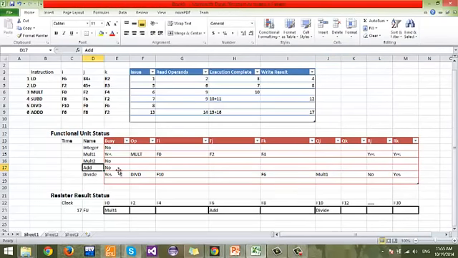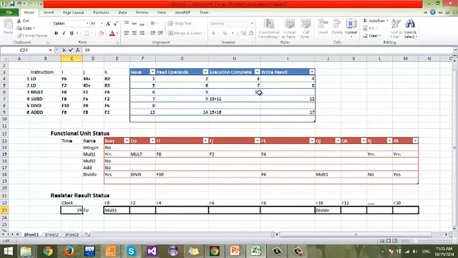Add D functional unit will again become free or available for use. That's all about clock cycle 17. What will happen in clock cycle 18? No change. What will happen in clock cycle 19?